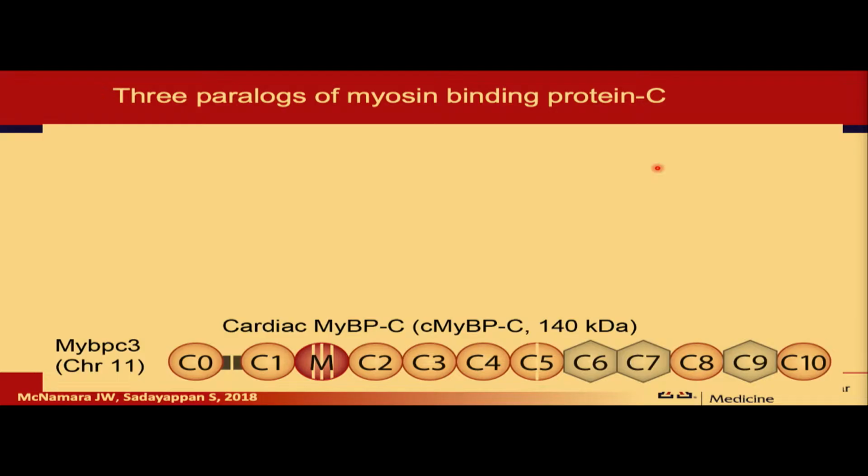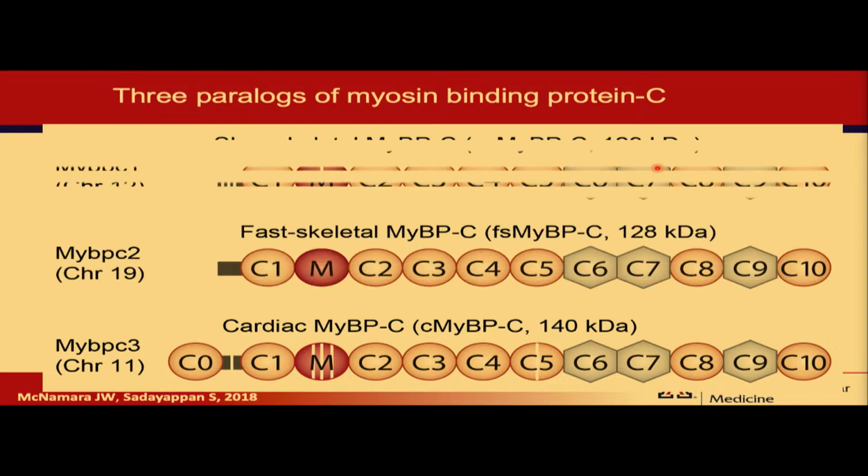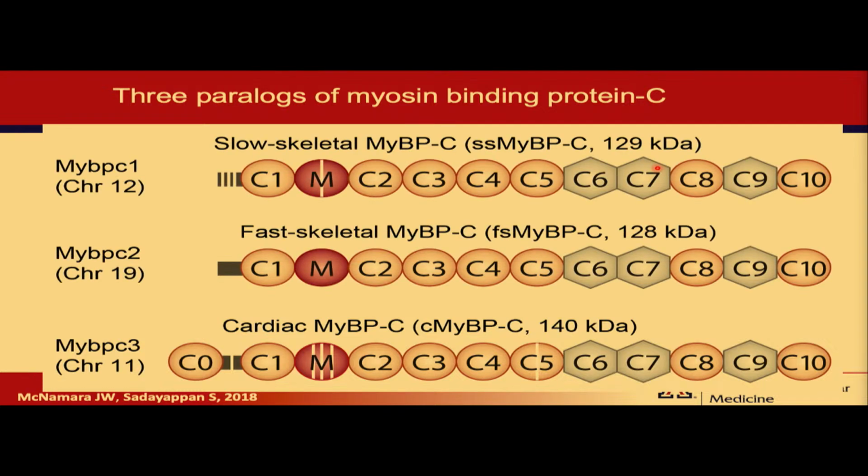Isoforms are from the same gene, but alternative splicing can cause the isoforms. So here we have three different myosin binding protein C: slow skeletal encoded on chromosome 12, fast skeletal encoded on chromosome 19, and cardiac on chromosome 11.